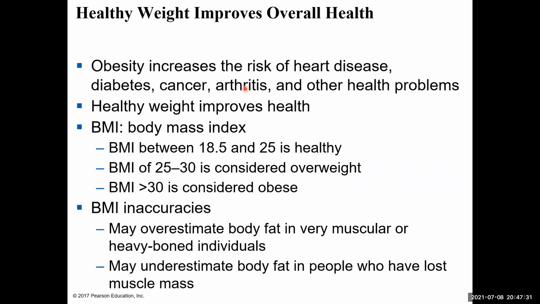But what we can do is we can look at our height and our weight, and we can get a BMI, or what's known as a body mass index. By looking at your height and weight, you fall into a specific BMI category. If your BMI is between 18.5 and 25, you're classified as having a healthy weight.